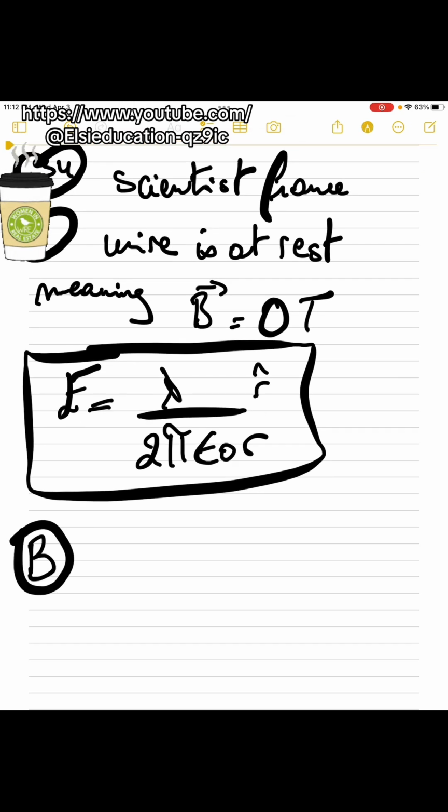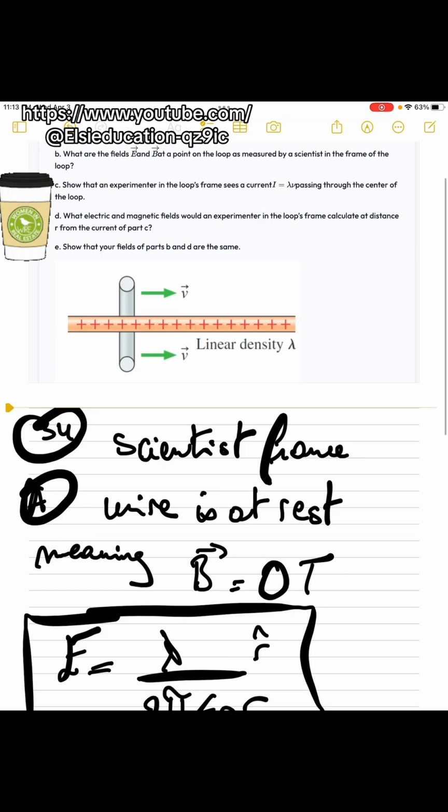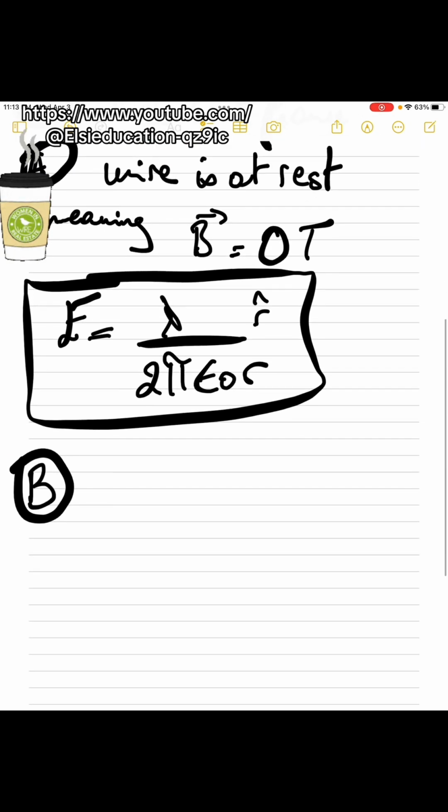Question number B, what are the electric field and the magnetic field at a point on the loop as measured by scientists in the frame of the loop? So now it's a different story. Now we know in the loop reference frame, there is an electric field and there is a magnetic field.